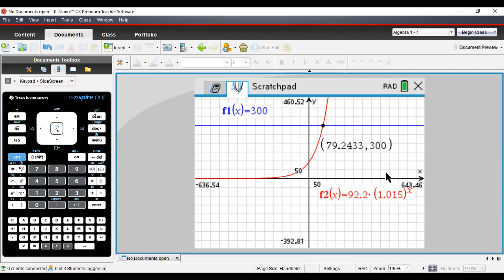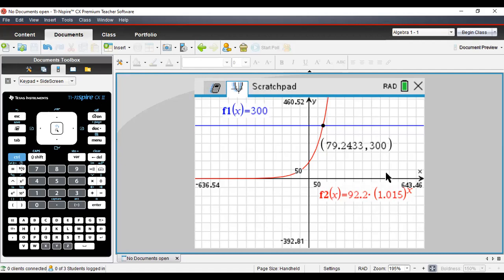All right, so now, first thing I'm going to do is divide both sides by 92.2. Right, that cancels. And now what I'm going to have, I'm going to write it down here. It's going to be 300 divided by 92.2 equals 1.015 raised to the t power. Now, to get rid of the t, we're just going to take the log.